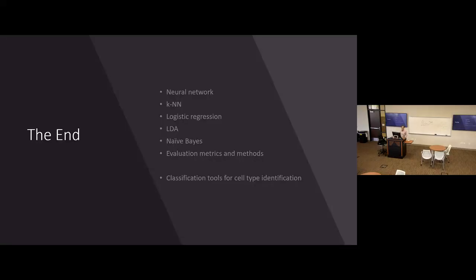That's all for this week. I just gave a quick review. You have a neural network framework and other types of classification methods. And you use cross-validation, ROC curve, sensitivity, and specificity to define the metric to evaluate your classification method.